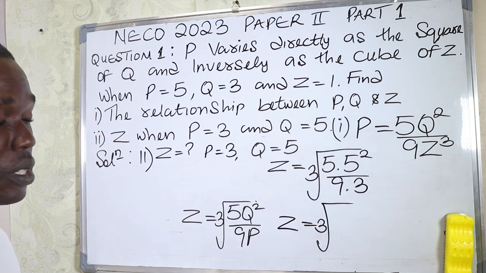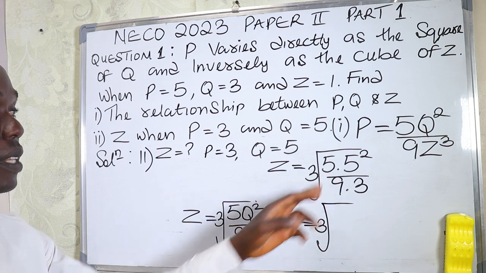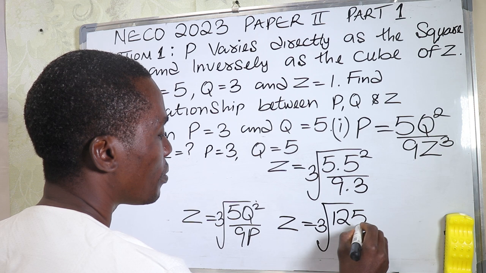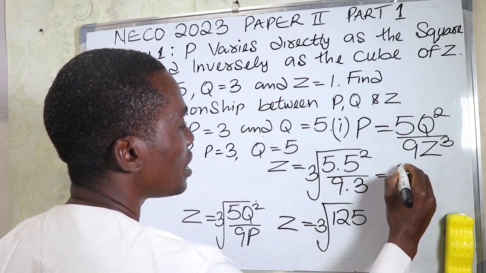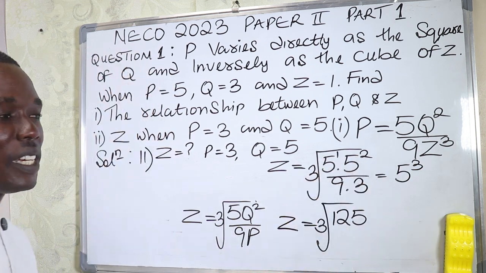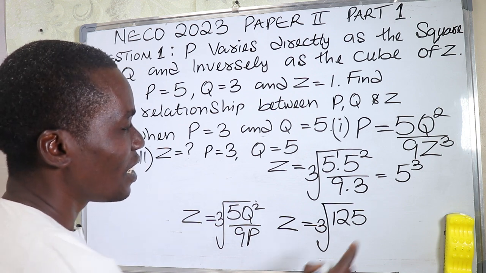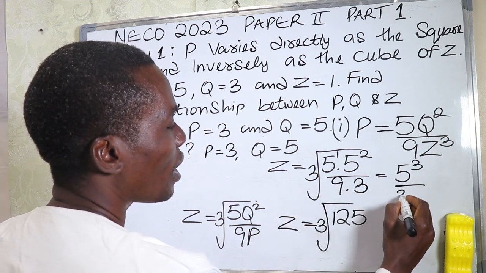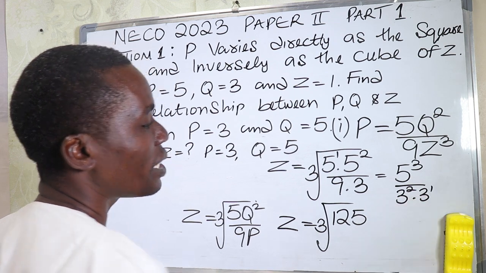So our z can be equal to the cube root of 5 squared, which is going to give us what? 5 squared is going to give us 25, right? Now 25 times 5 is going to give us 125. Great. Or if you want to easily do this, you can say this is 5 to the power of what? 3, because this is 1, right? And that will make your solution very, very easy. Divided by, this is 3 squared, and here we have 3 to the power of 1, right?